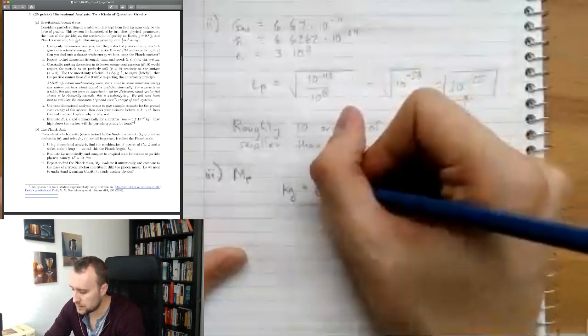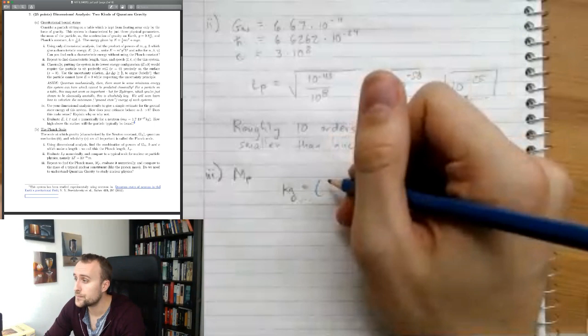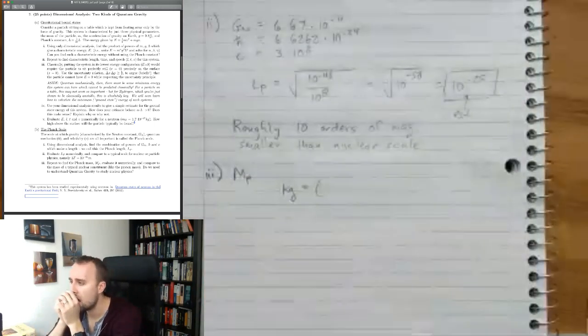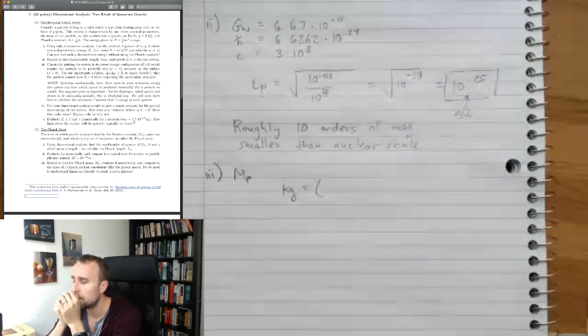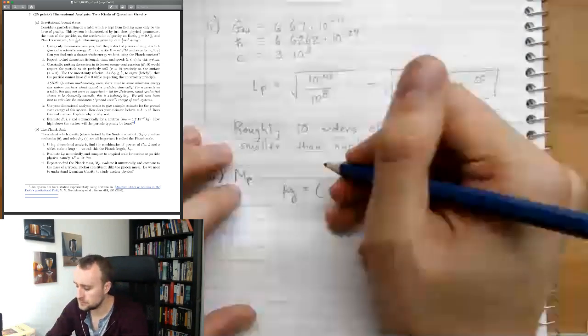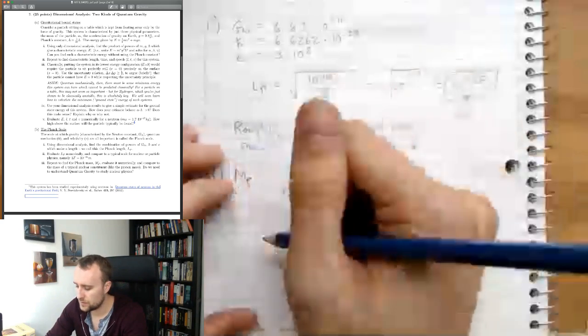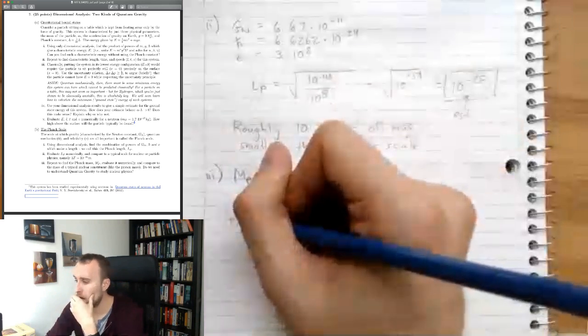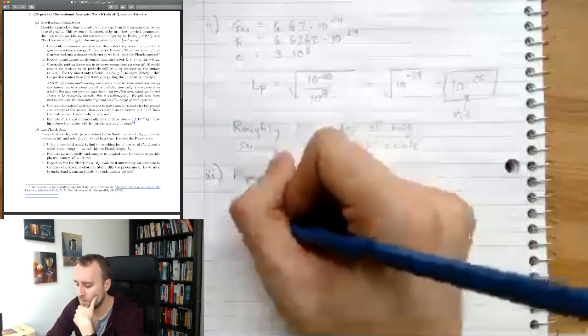G_N was force times, newtons times kilos.